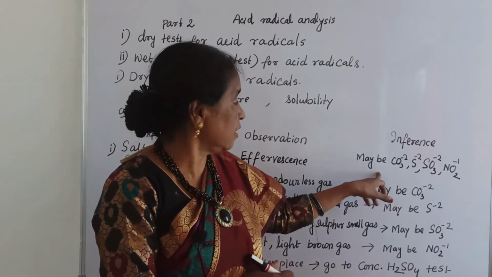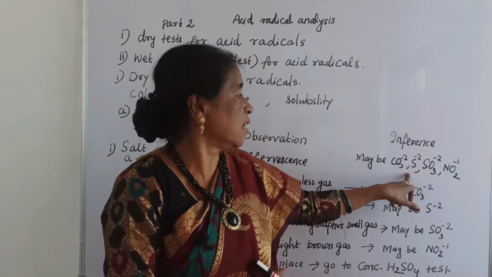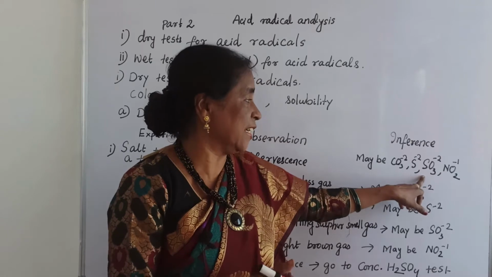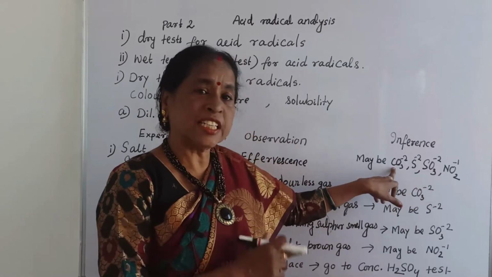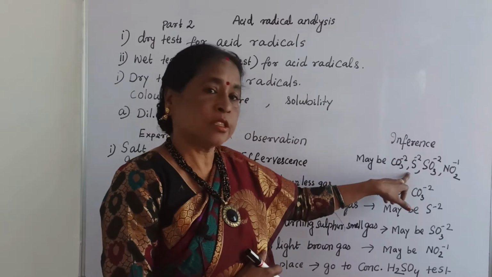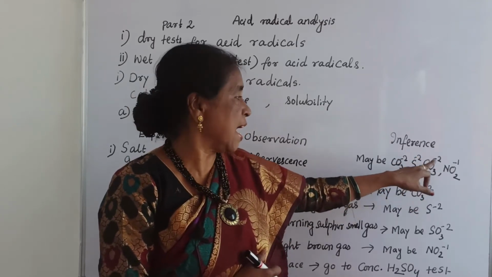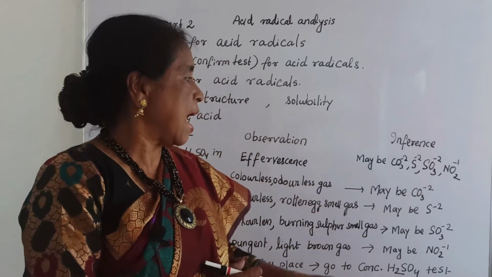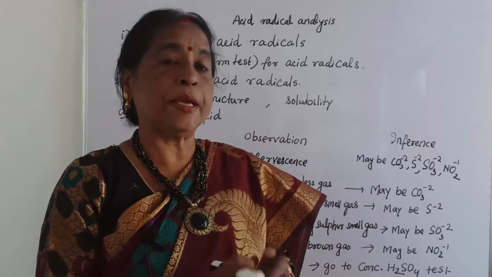What are the radicals? Maybe carbonate, sulfide, sulfite, nitrite. That means carbonate CO3 minus 2, sulfide S minus 2, sulfite SO3 minus 2, and nitrite NO2 minus 1 may be present.